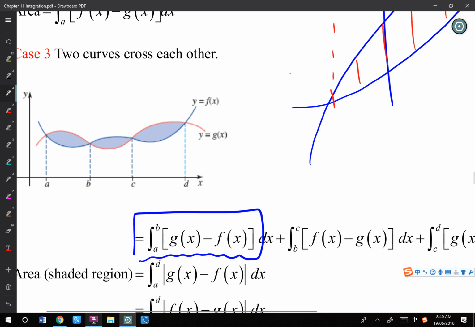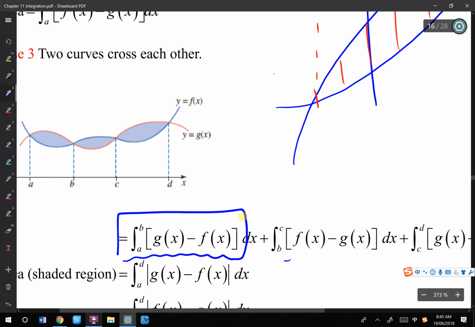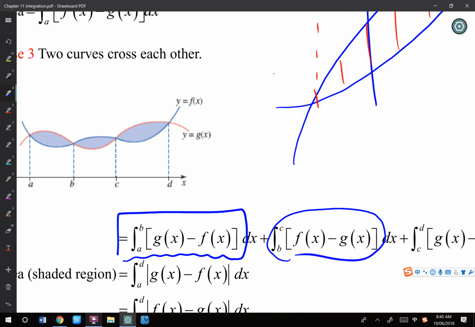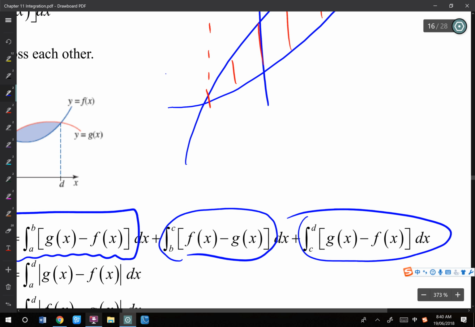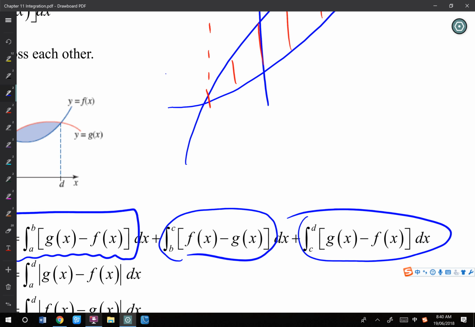For the section B to C, f(x) is on top, so the integral from B to C is the top one minus the bottom one, f(x) minus g(x). And then for C to D, g(x) is on top again, so it's the integral from C to D of g(x) minus f(x). So when there are more intersections, you need to think about which one is on top, only calculate that part, and then calculate the next part.